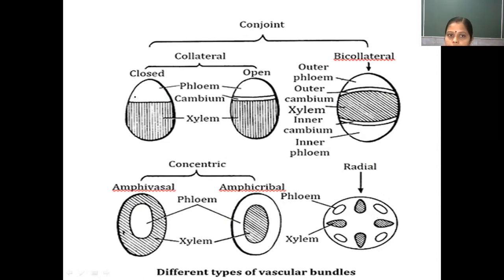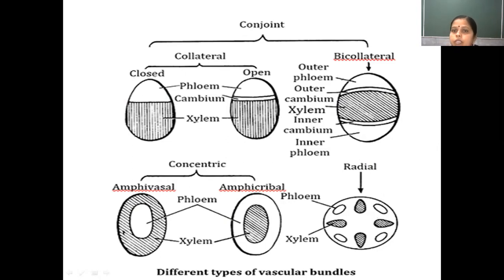If there is no cambium in between the xylem and phloem, then it is called conjoint collateral closed type of vascular bundle. So what is bicollateral then? In bicollateral, we can see the formation of outer cambium and inner cambium, and in between the outer and inner cambium, we can see the formation of xylem elements, whereas phloem elements are on the outside.